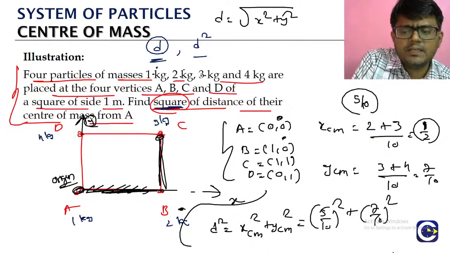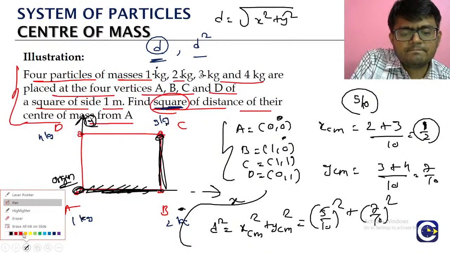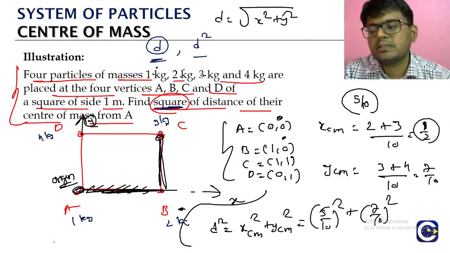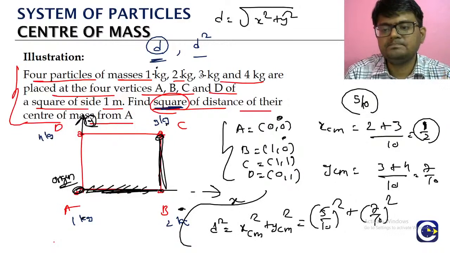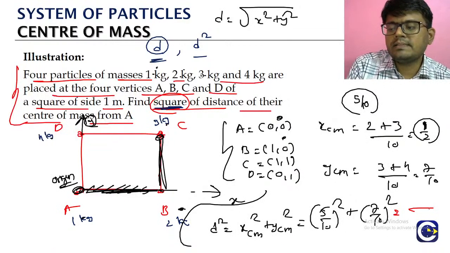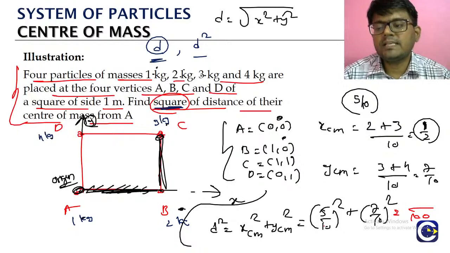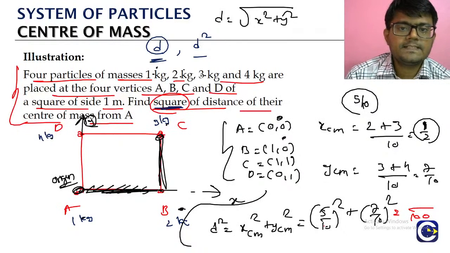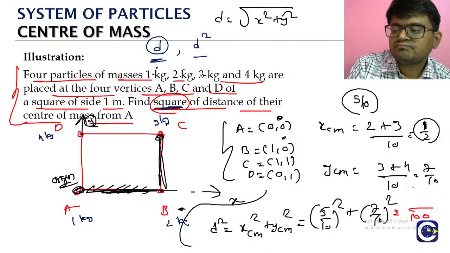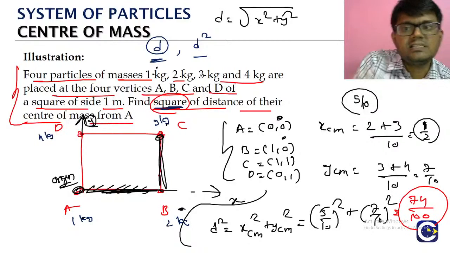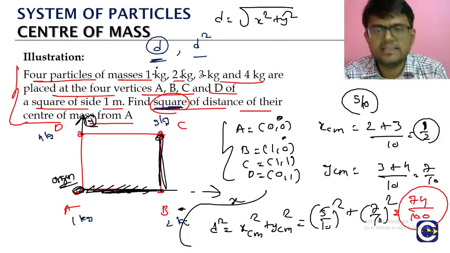We'll just have to simplify. 5 square means 25. 7 square means 49. Because the denominator is the same for both of them, 100. What is 25 plus 49? It is 74, right? We can leave it as it is, or we can simplify. We can cancel.